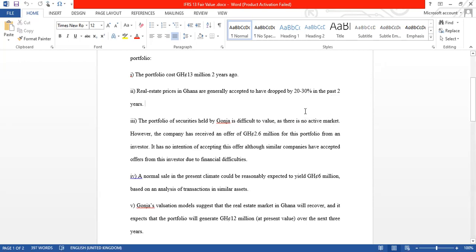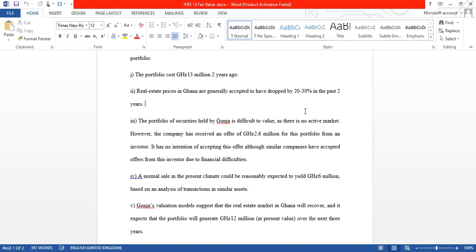However, the company has received an offer of 2.6 million for this portfolio from an investor. It has no intention of accepting this offer, although similar companies have accepted offers from this investor due to financial difficulty. And it says that a normal sale in the present climate could reasonably be expected to yield 6 million based on analysis of transactions of similar assets.